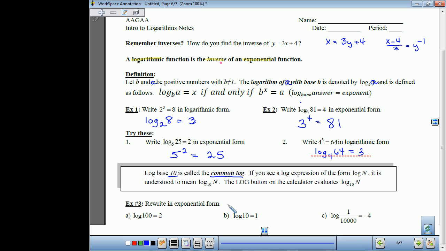And because our number system is based in base 10, and we consider it the common log, we kind of have a shortcut. If there is no base written, it means base 10.